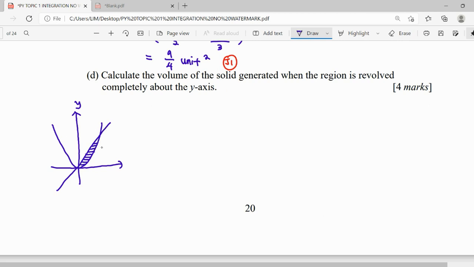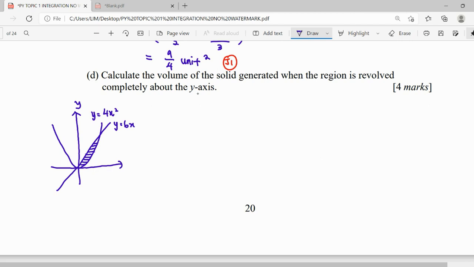So when we look at here, this is our quadratic equation y equals 4x squared, and then this is the line y equals 6x. So when you want to revolve about the y-axis, everything must be in terms of y.